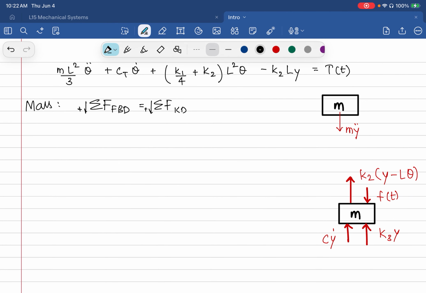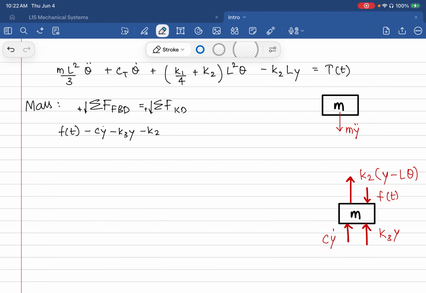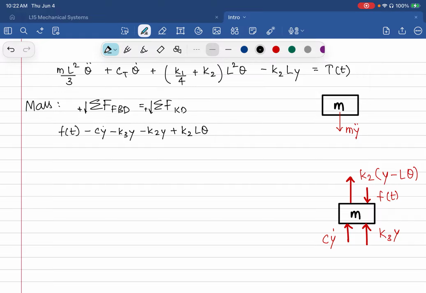Okay, now what are the sum of forces? In the free body diagram, you have downwards only f of t, upwards you have c y dot, k3 y, k2 y, k2 L theta. I just broke this up so that I have it easier to rearrange, is equal to m y double dot.